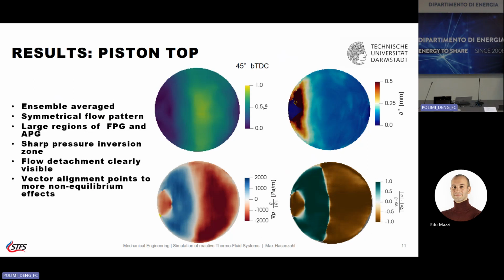And also another effect that may be quite interesting and makes you go towards the realm of 3D boundary layers is you can see here this little shading means that you have a misalignment between the pressure gradient and the velocity vector.